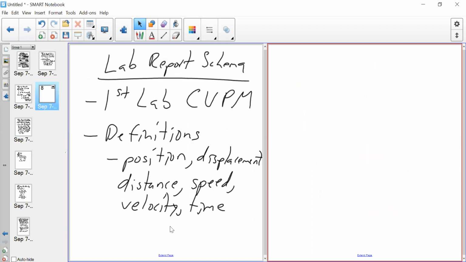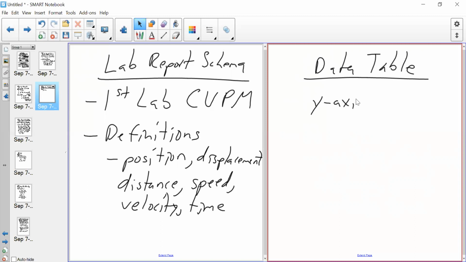Now, typically, I like to have my information that I'm going to place on my vertical axis on the left side of the data table and the x-axis on the right. Let me show what I mean. Y-axis data here. And then I have my x-axis data over here.